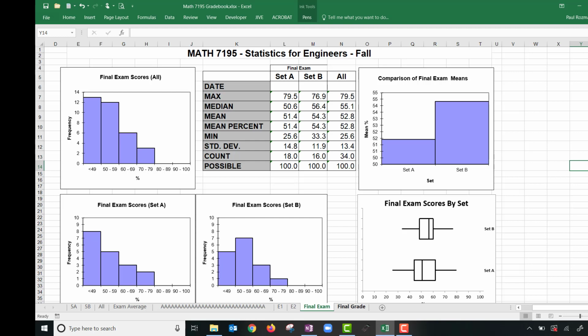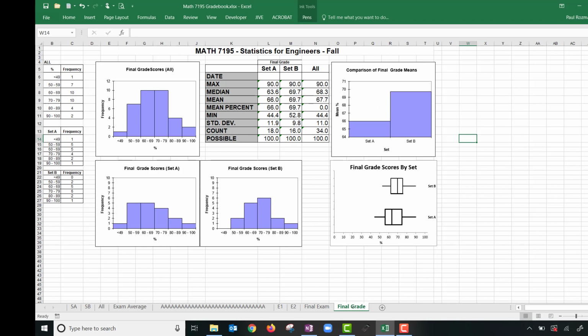Looking at their final grades, even though they had a pretty terrible final, overall, everything balanced out nicely. Their final grade ended up being a pretty decent bell curve. You can see that here in the first plot.